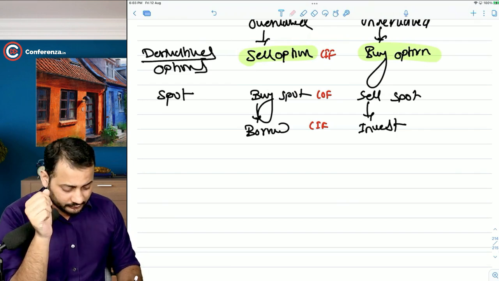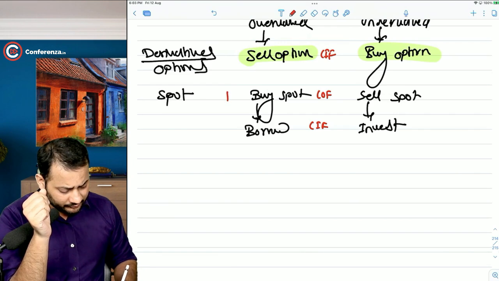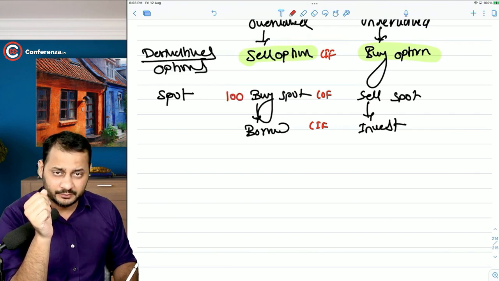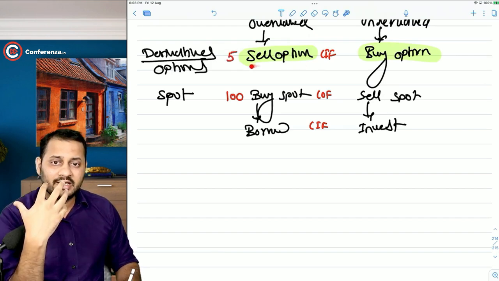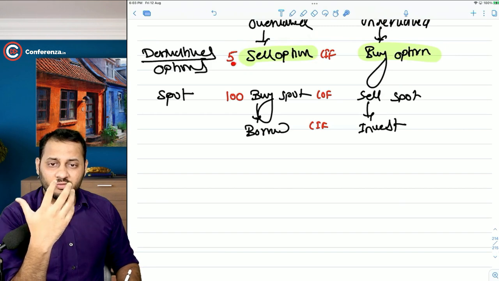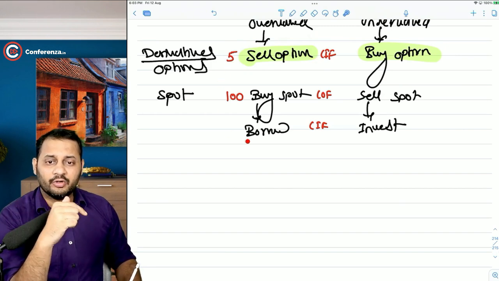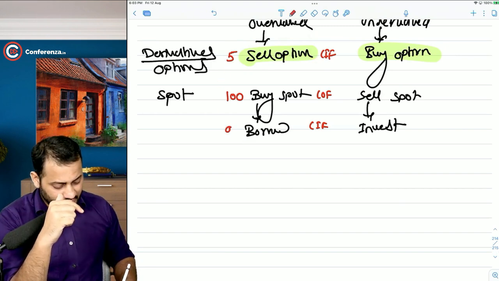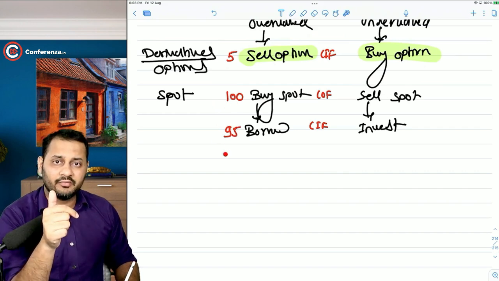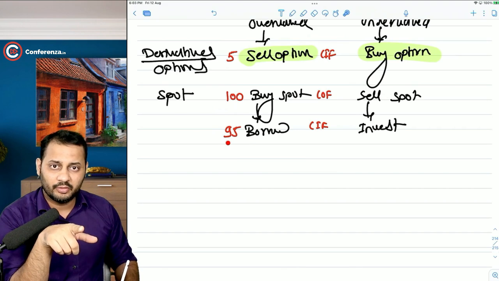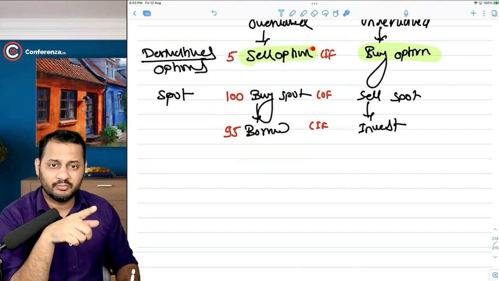So if the stock is costing you 100 rupees and the option premium is, let's say, 5 rupees, you know you can get 5 rupees of cash inflow from the option selling. So you can make sure that you borrow only 95, not 100. You borrow 95 and collect 5 by selling the option.